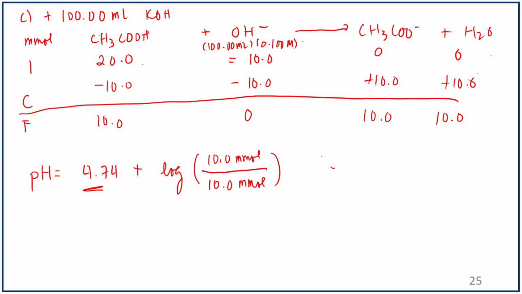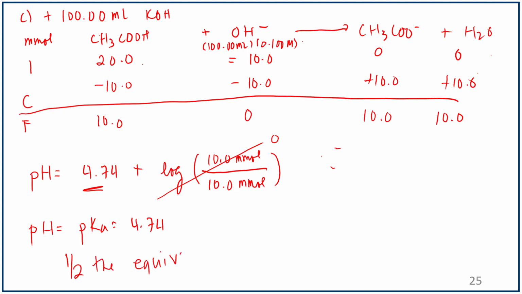The log of 1 is equal to 0, so this cancels out. So this is a case in which pH is equal to pKa, which is 4.74. This is the point at which we are at half the equivalence point. At half the equivalence point, pH is equal to pKa, and that just means that the concentration of acetic acid in solution is equal to the concentration of acetate ions.